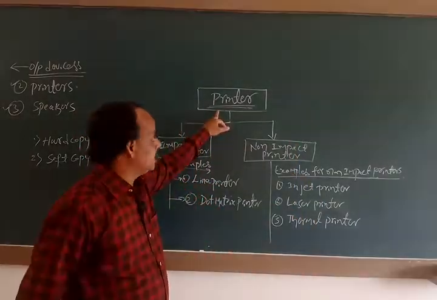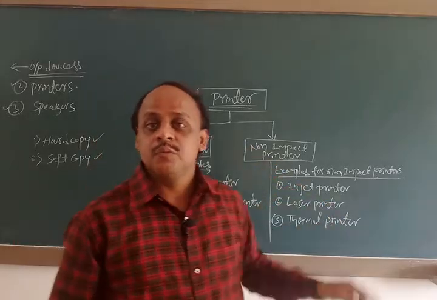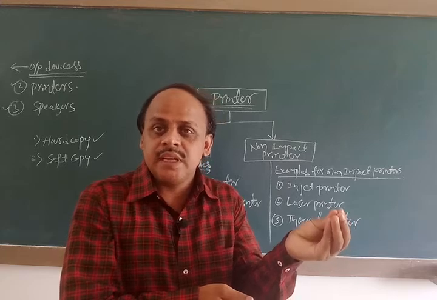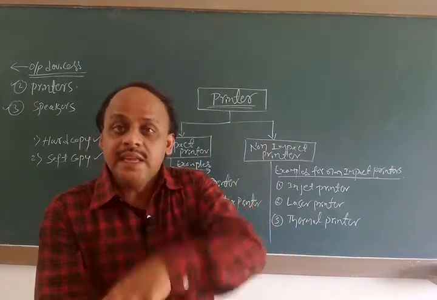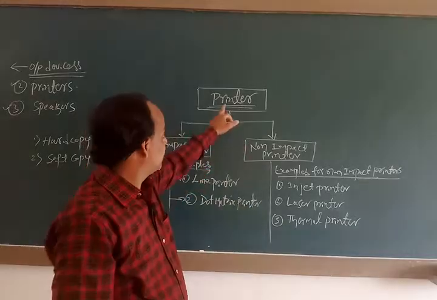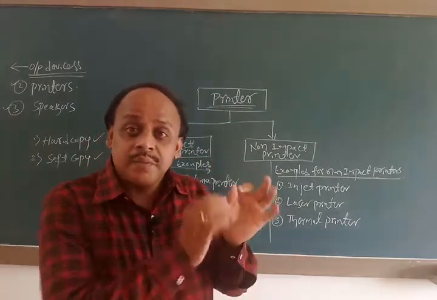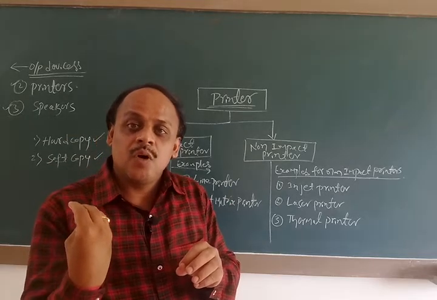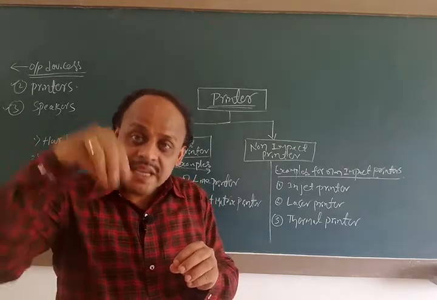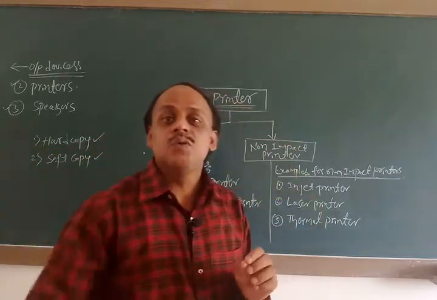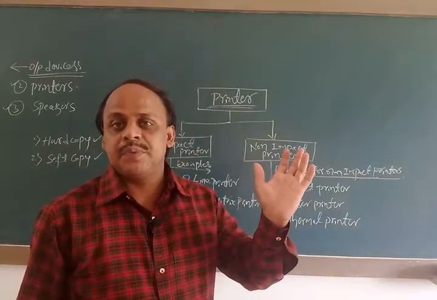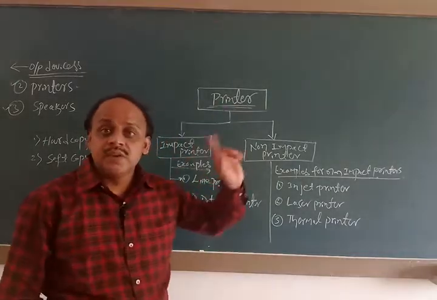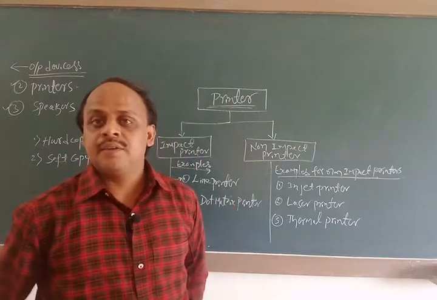So the printer is exactly the reverse of the scanner. Our printer is going to transform data or information inside the computer into the outside world, that is, onto paper. This is exactly a reverse operation of a scanner, right?